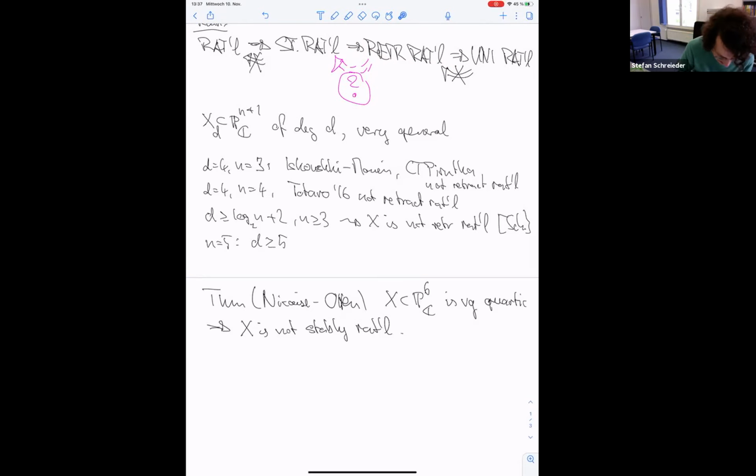So this is the motivation of this talk, and more concretely, we ask whether this quartic is retract rational or not. Well, that's one motivation.